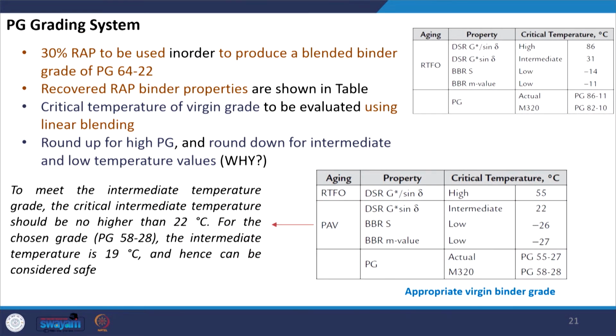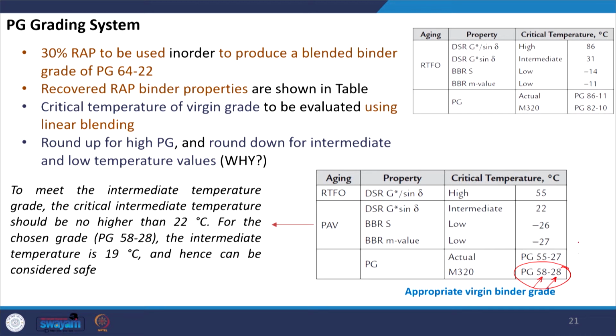Before we discuss the second case, there is a note here that to meet the intermediate temperature criteria, the critical temperature should not be higher than 22 degrees Celsius. Though you have got the final grade, PG 58 minus 28, this shows only the high temperature and low temperature. It does not tell us about the intermediate temperature.